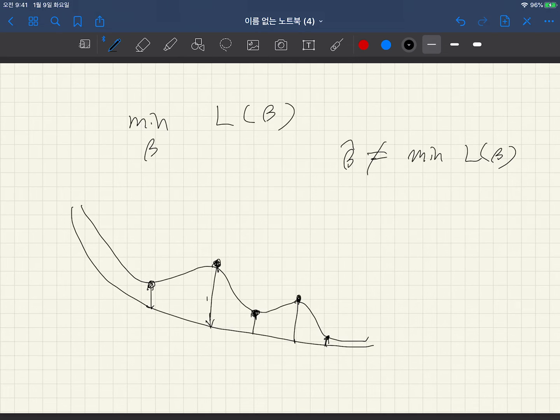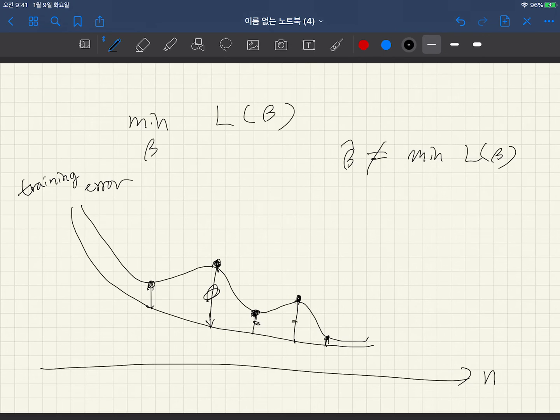Okay, because of this gap, you will have some ups and downs in your training error curve with respect to the number of parameters or capacity or complexity.